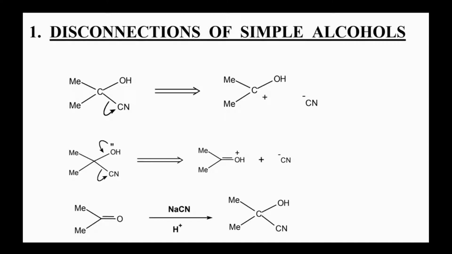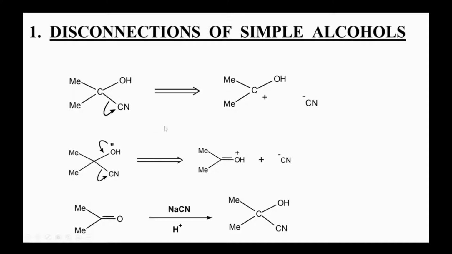So for example, this is a cyanohydrin. It's an alcohol, a tertiary alcohol, so you disconnect this compound from this position, and one will get a positive charge and another will get a negative charge. The positive charge will be called the electrophilic center, and the negative charge will be called the nucleophile. So when you react these together, cyanide will act as a nucleophile and it will add on this carbon. You will get this compound.